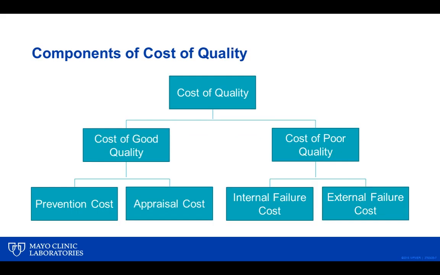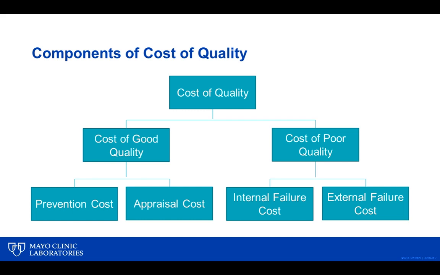Now let's look at the components of the cost of quality. Looking at the cost of quality as a top hierarchy, we saw in the previous slide cost of good quality versus cost of poor quality, and we tried to define what these are.